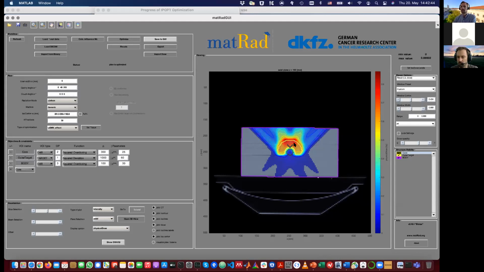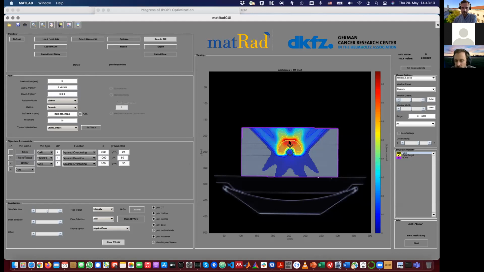So the biological optimization knows my carbon ions are becoming more effective the deeper they penetrate, so it will downregulate the physical dose to compensate for that effect, such that my RBE weighted dose fits the prescription, which was in this case 3 gray RBE weighted.